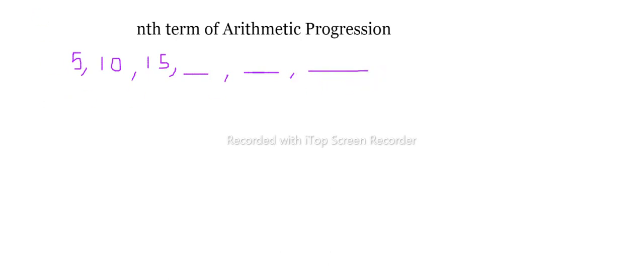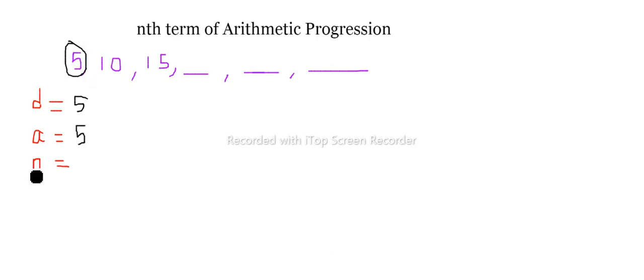So let me just use an acronym here, DAN. For every sequence you are dealing with, don't forget the DAN. D here is the common difference. For this, we keep adding 5, right? So our D here is 5. The first term is 5 as well.